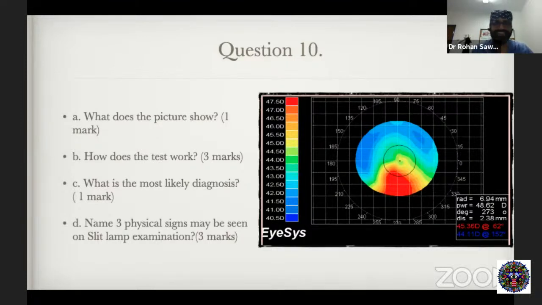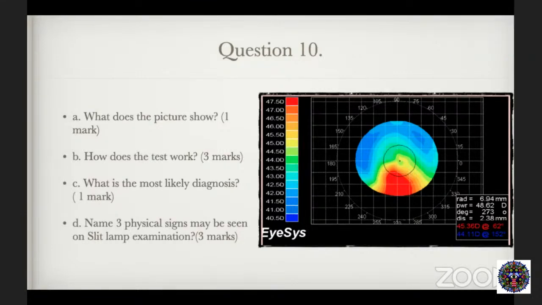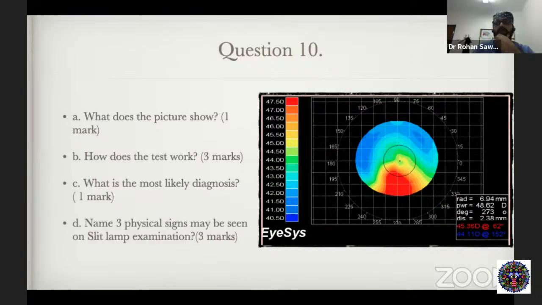Right. Have a look at this picture. What is this picture showing you? Showing inferior steepening. Good. There's also, you can see here, the downward displacement of the apex. Correct? So how does this test work? They haven't asked what is this test, but they've asked how does this test work?